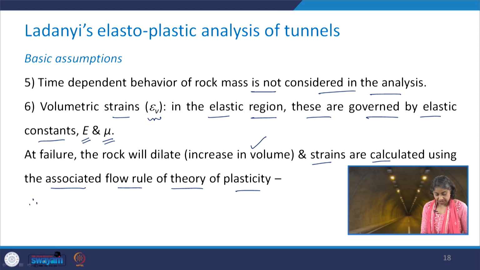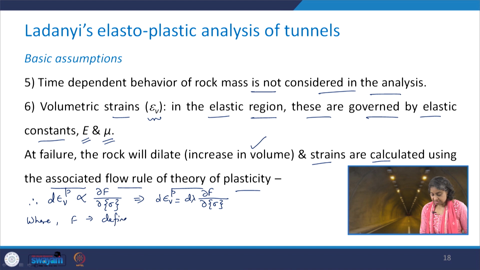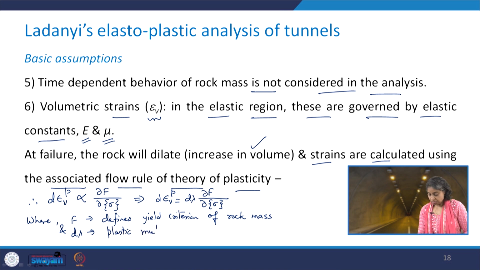We have d epsilon v plastic proportional to del f upon del sigma, or d epsilon v plastic is equal to d lambda times del f upon del sigma, where this f defines the yield criterion of the rock mass, and d lambda is the plastic multiplier.